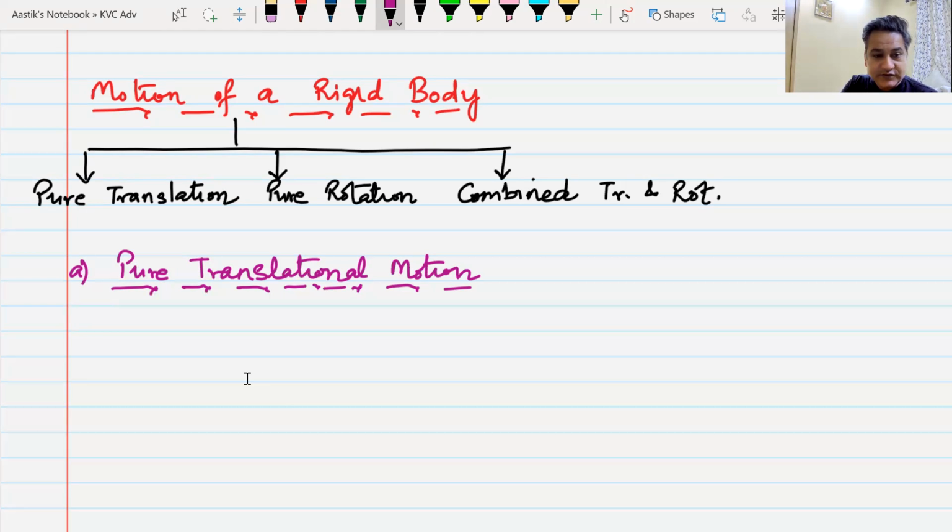Is that what you want to say? Now I'm confused. Straight line is obviously translation, but is only straight line translation? No, sir. Then why did you say straight line?